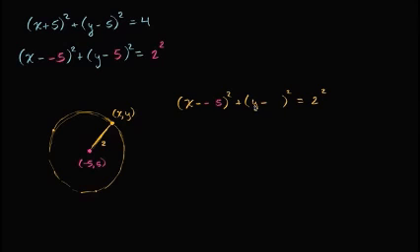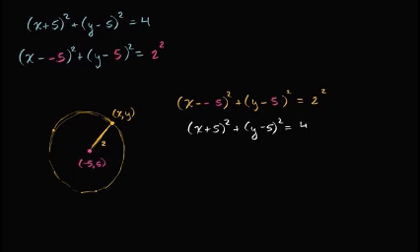So this shows that for any (x, y) that is 2 away from the center, this equation will hold. And it becomes (x + 5)² + (y − 5)² = the radius squared, which is 4.